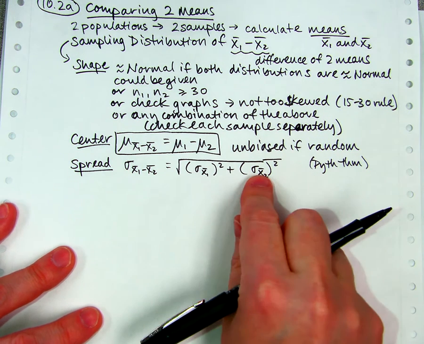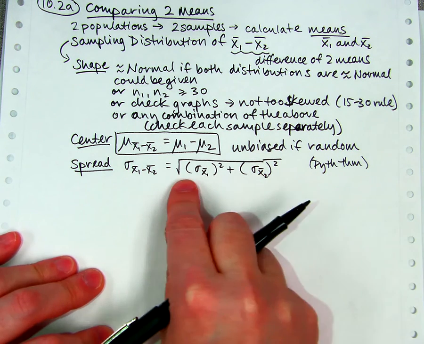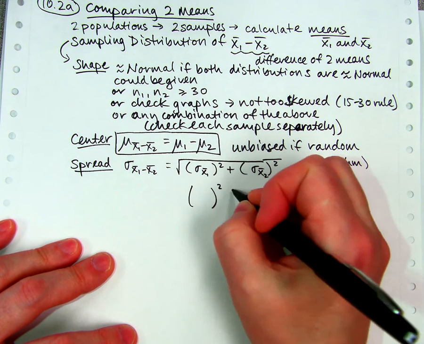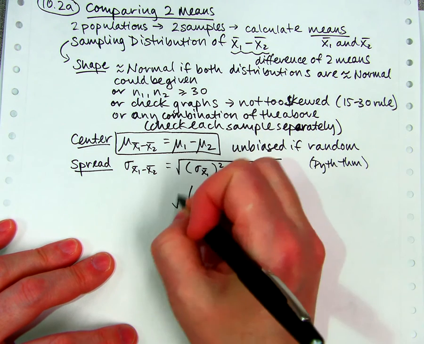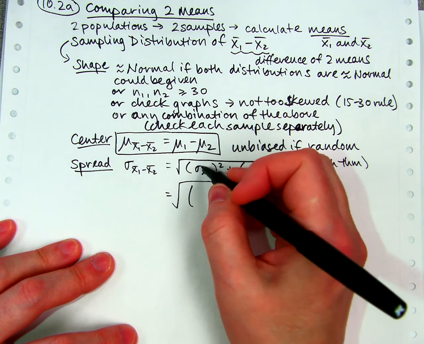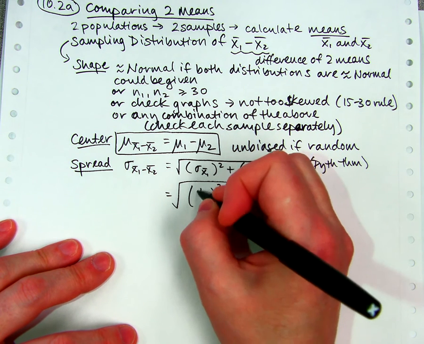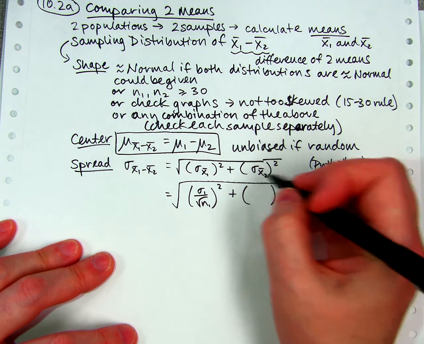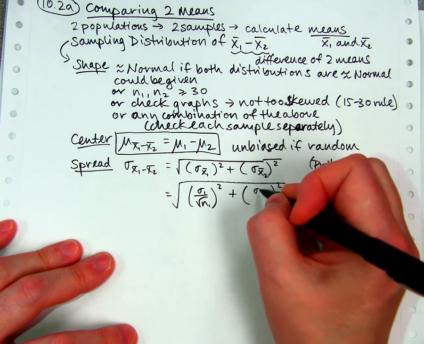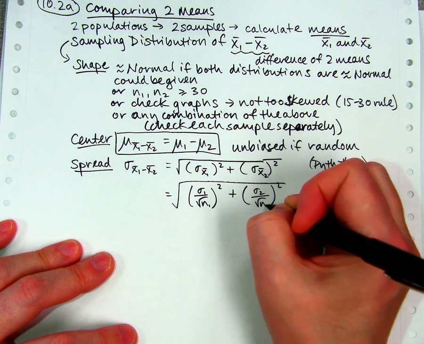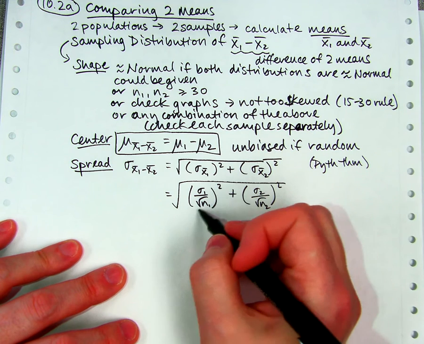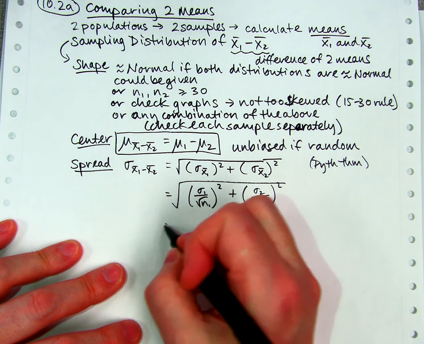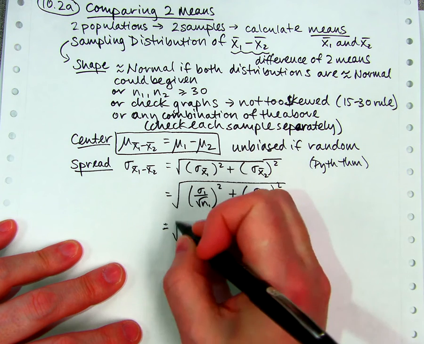And we're going to simplify this like we did with proportions. This is not the formula we usually use. Usually we replace both of these with what they equal. So let's do that. I'm making it taller on purpose because you might remember that this is sigma over square root of n, except we really should put 1s on both of them. And this is sigma over square root of n, except they both have 2s on them. And then the squared and the square root can cancel each other out. The top needs to be squared, but the bottom does not, to make this a simpler formula.